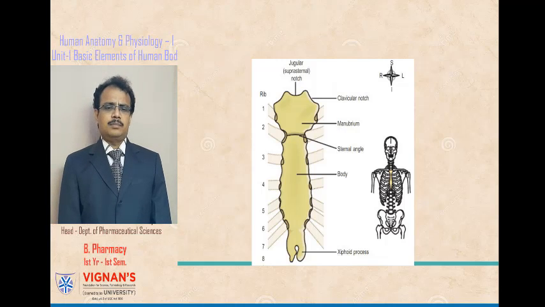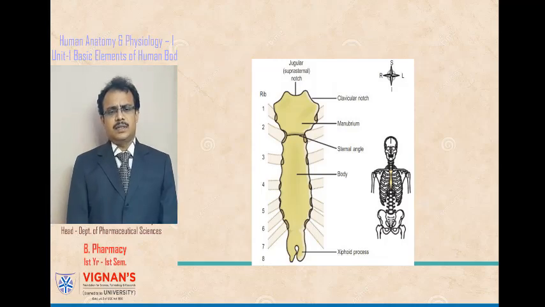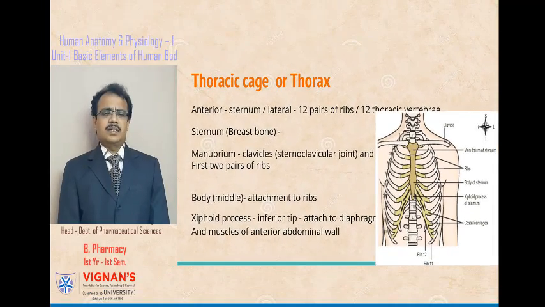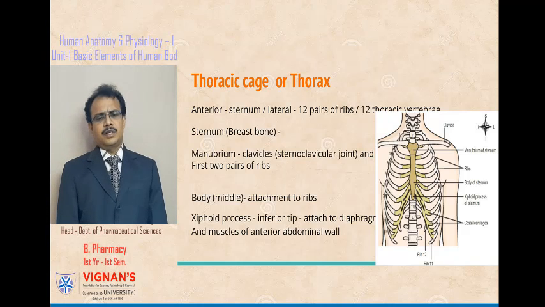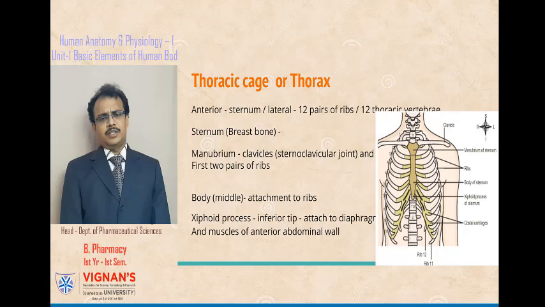And this sternum has three regions: the manubrium, body, and xiphoid process. The manubrium is the one which gives attachment to two pairs of ribs, whereas all the other ribs are attached to the body of the sternum.